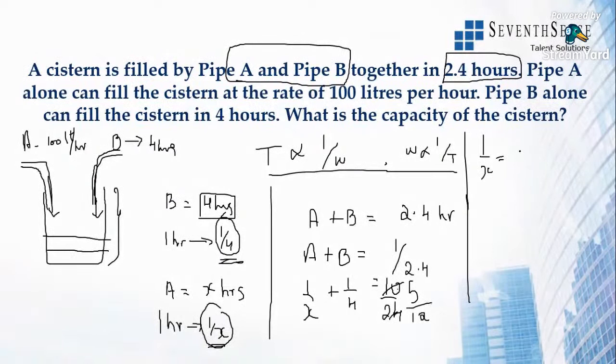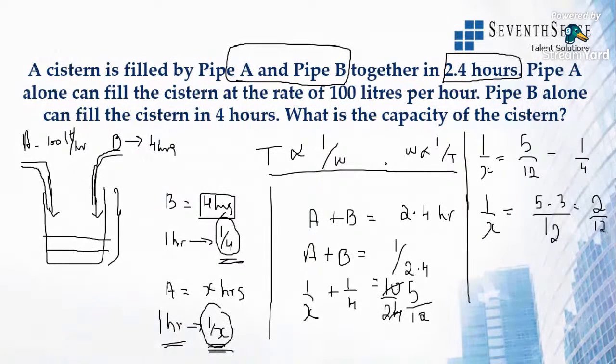So 1 by X is 5 by 12 minus 1 by 4. What is 1 by X? In every hour, how much quantity is A filling? With 12 as the LCM, it will be 5 minus 3, which is 2 by 12.